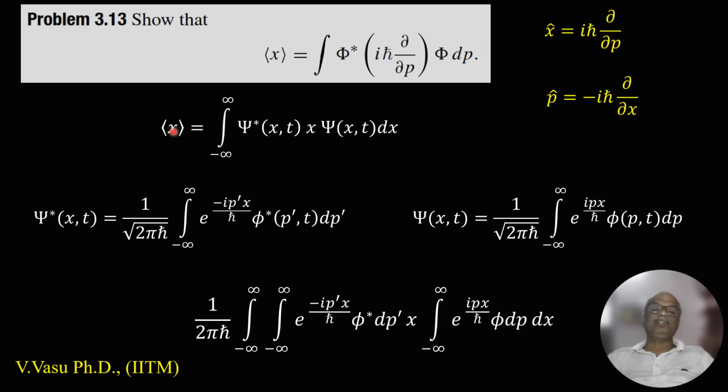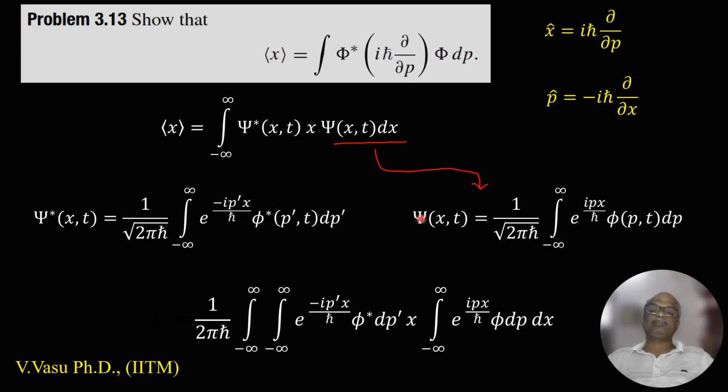We know the expectation value of x is, by definition, the integral from minus infinity to plus infinity of ψ*(x,t) x ψ(x,t) dx. Now first take ψ(x,t), which can be replaced using the inverse Fourier transform.